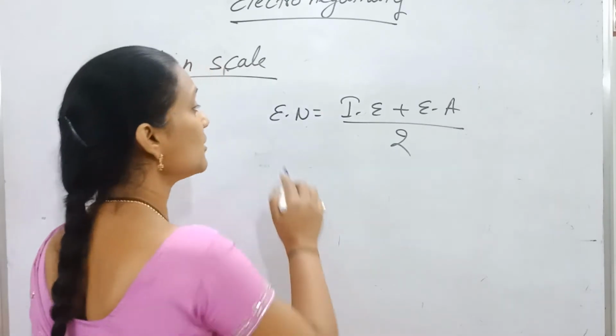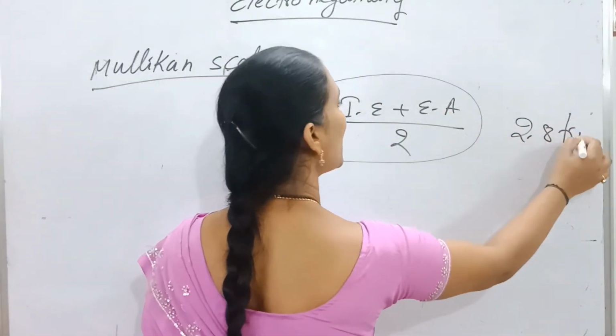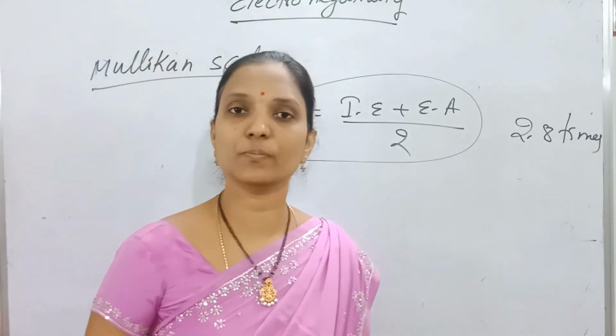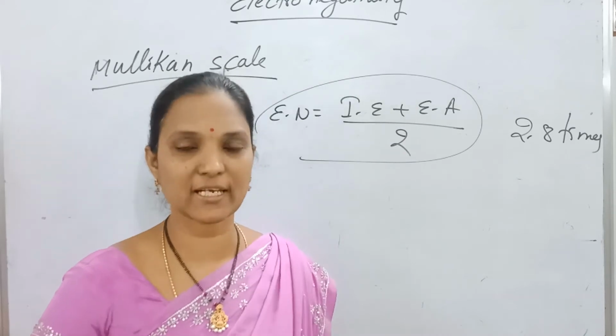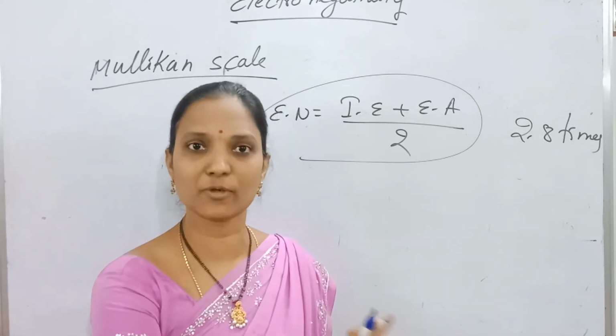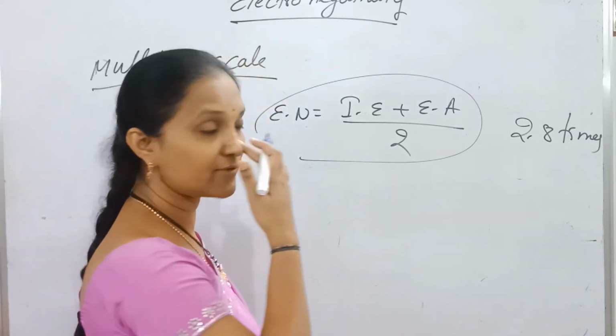But the problem is Mulliken scale values are 2.8 times more than Pauling scale values. For every element we get 2.8 times more than the original answer. To avoid this, what can we do? Divide every answer by 2.8.